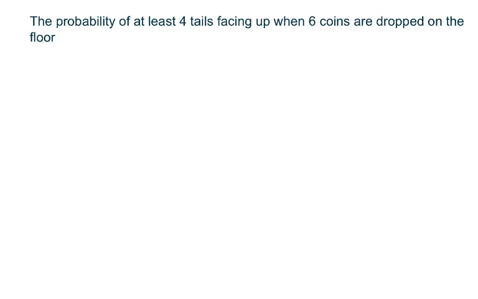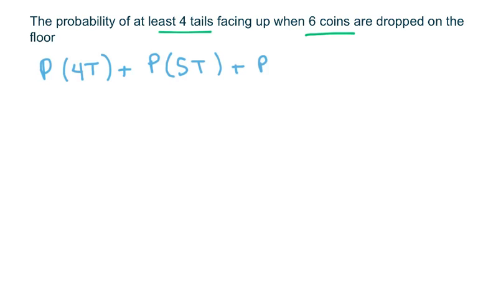The next one, we want the probability of at least 4 tails facing up when 6 coins are dropped to the floor. So at least 4 tails would be probability of 4 tails plus the probability of 5 tails plus the probability of 6 tails.